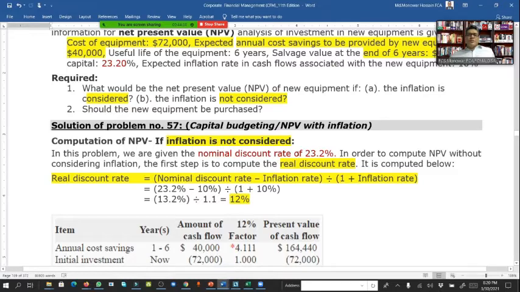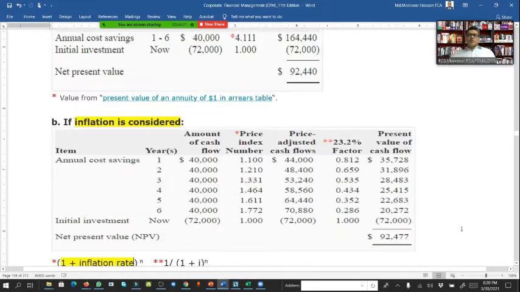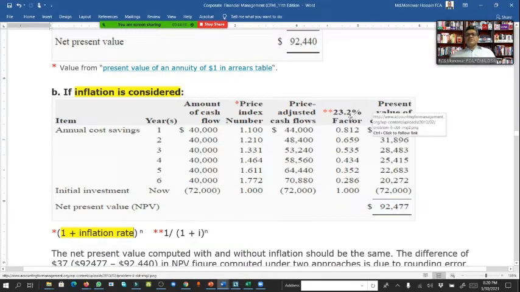And now we are using the nominal discount rate, which is 23.2%. For the first year, the PV factor at 23.2% is 0.812. So if we multiply the price-adjusted cash flow by the PV factor of 0.812, we get 35,728.